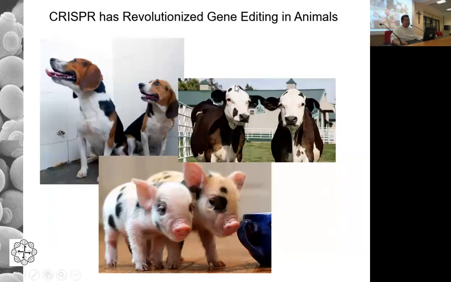And then here you have cows that are genetically engineered, so they are resistant to tuberculosis. These cows carry a genetically engineered mutation so that they will be resistant to tuberculosis, Mycobacterium tuberculosis. And so these are different animals today that have already been edited using CRISPR in order to do different things.